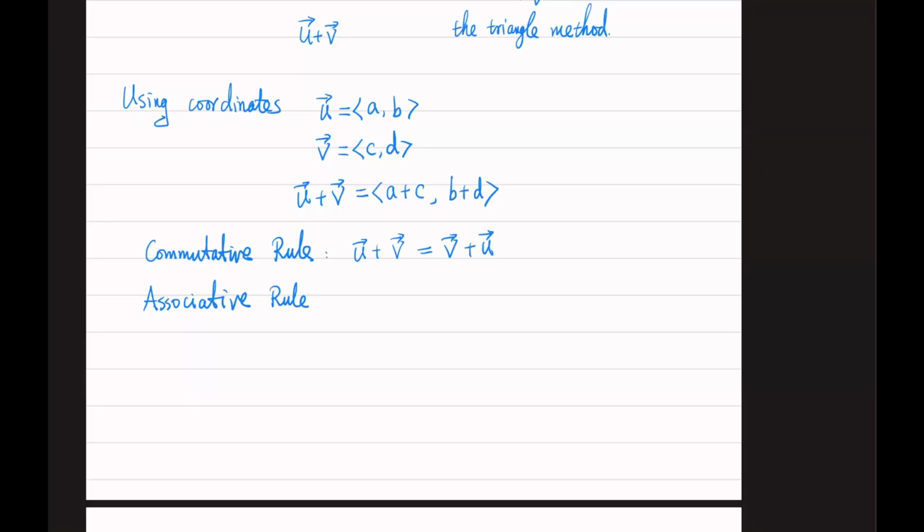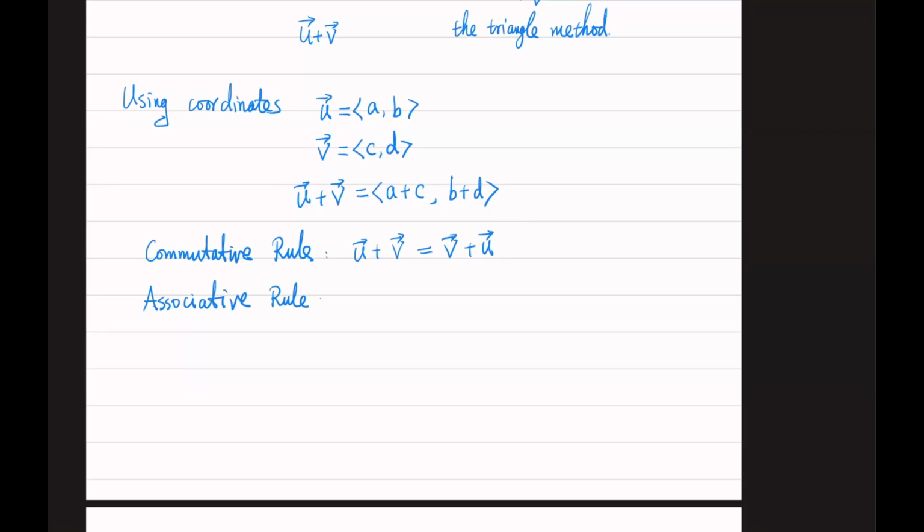But what does that mean? Isn't it just a plus b equals b plus a? Exactly, yes. So this follows from the addition of numbers.